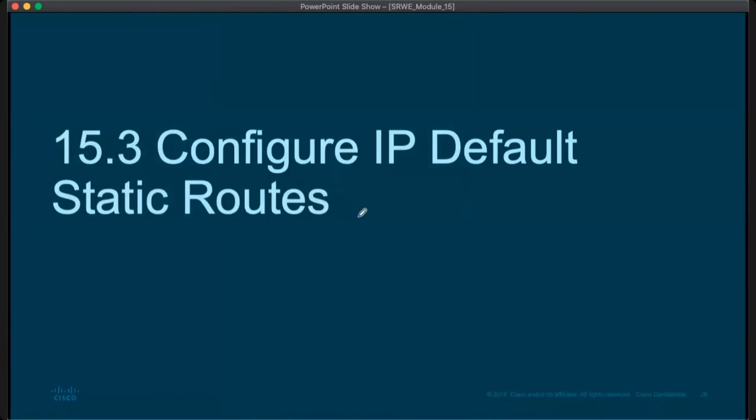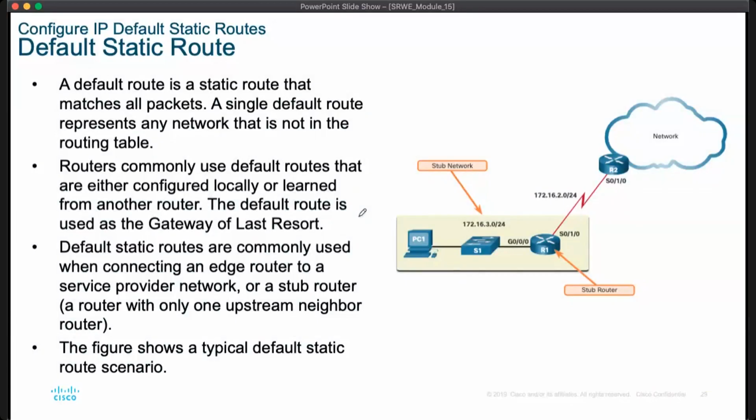5.3 Configure IP default static route. A default static route is a static route that matches all packets. A single default route represents any network that is not in the routing table. Routers commonly use a default route that is either configured locally or learned from another router.